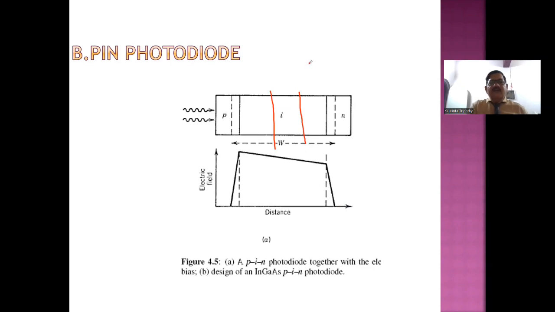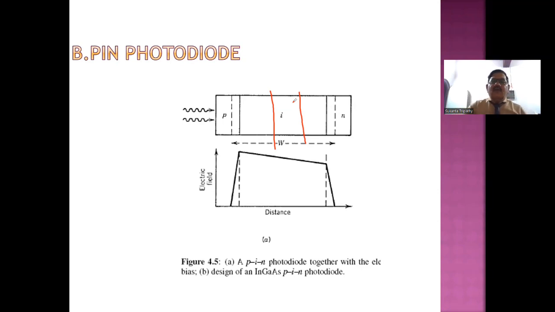That means when you allow light to be incident here, the electrons and holes will be generated and will be affected by this high, strong electric field. Due to this strong electric field, the electrons will be separated very quickly, and therefore there is less chance of absorption.